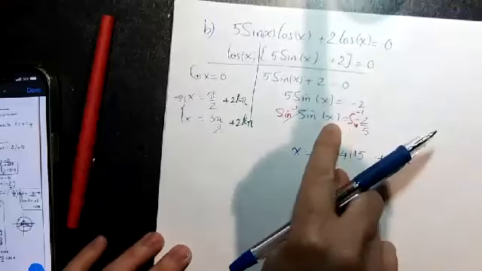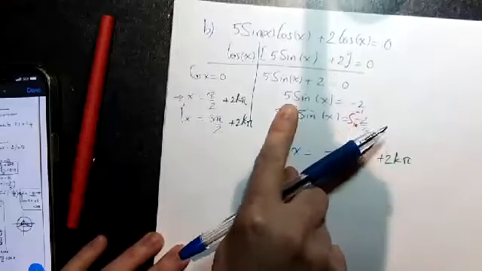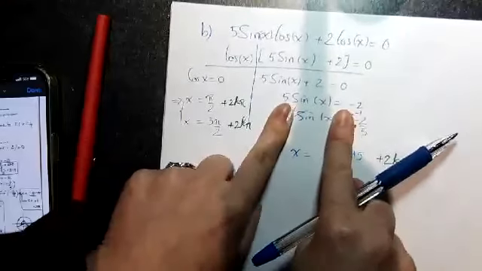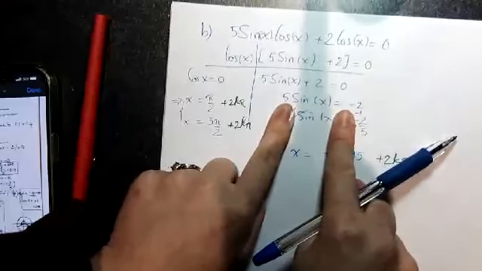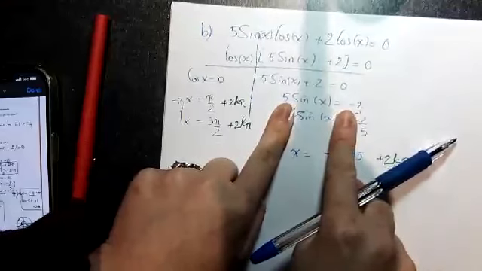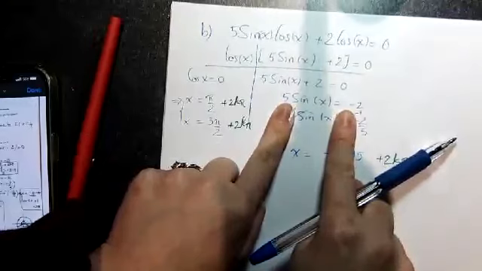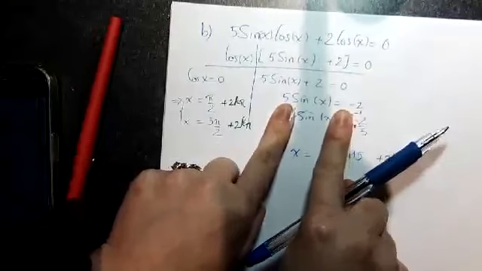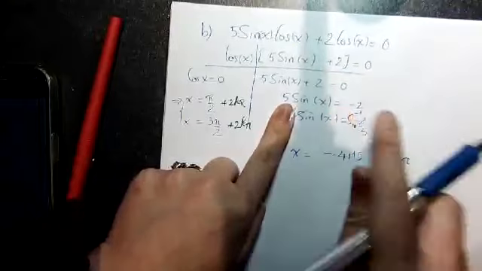I want you to find the angle of x. Let's talk about the original problem, before we applied the sine inverse to both sides. So I want you to find the value of x, the angle x, such that when you plug it into the function sine, the outcome is negative 2 fifths.